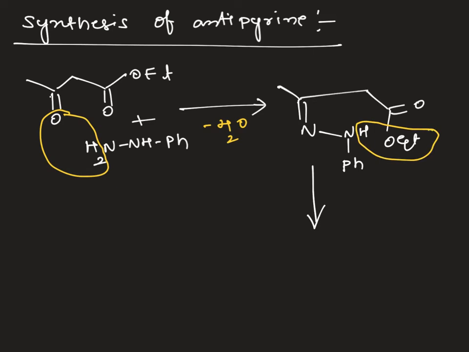OEt will leave, and from nitrogen hydrogen will leave, forming the cyclized product. This nitrogen and this carbon form a bond by eliminating ethanol.